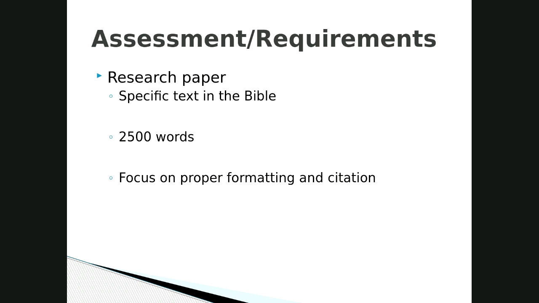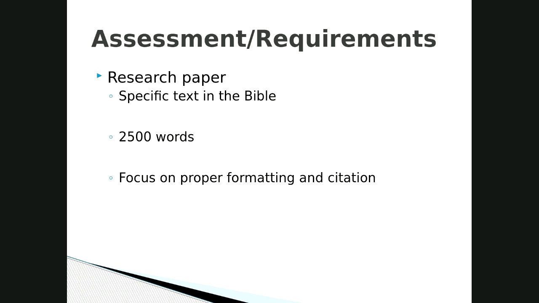If you do not want to choose one of those texts, you have to choose a biblical text. But if you don't want to choose one of the ones that I have listed on Blackboard, you can choose anything else except for John chapter 7:53 through 8:11, which is the woman taken in adultery passage, and John chapter 20, verses 30 and 31.